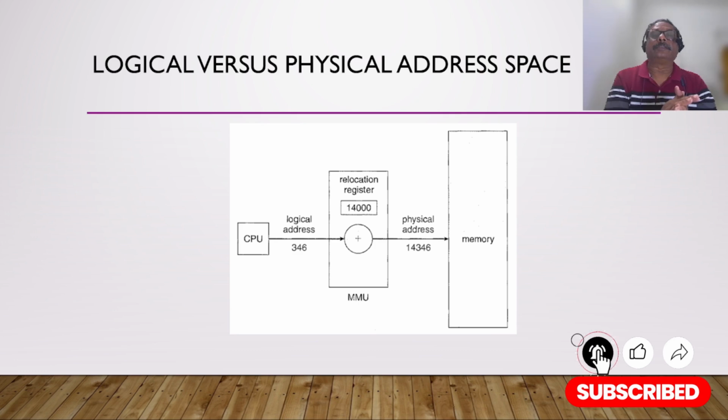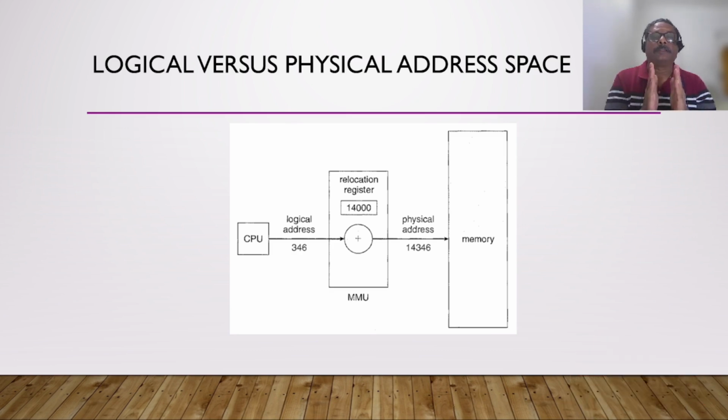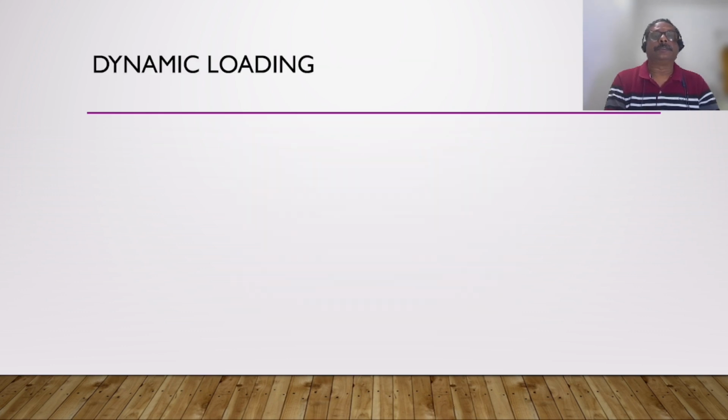So the base is added to this 346 and we get the real physical address where we want to go in the memory. So that's how the logical and physical address spaces are connected with each other, and that is through the memory management unit and through the contents of relocation registers. So that's about the logical versus physical address space.